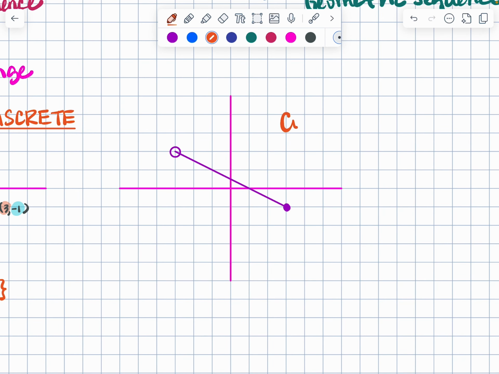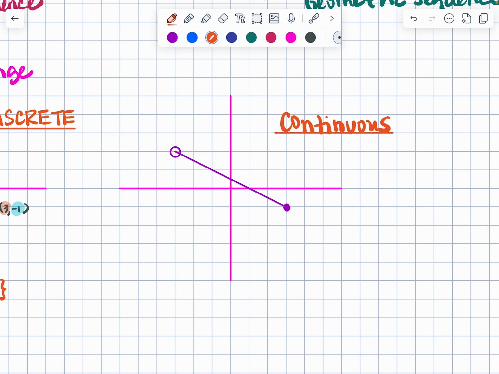Over here, my data is clearly continuous because I'm not only talking about the endpoints, I'm talking about all the infinite fractional values that exist between them. So there are infinite points that exist between those two endpoints, and we have to capture all of them. So this is continuous.